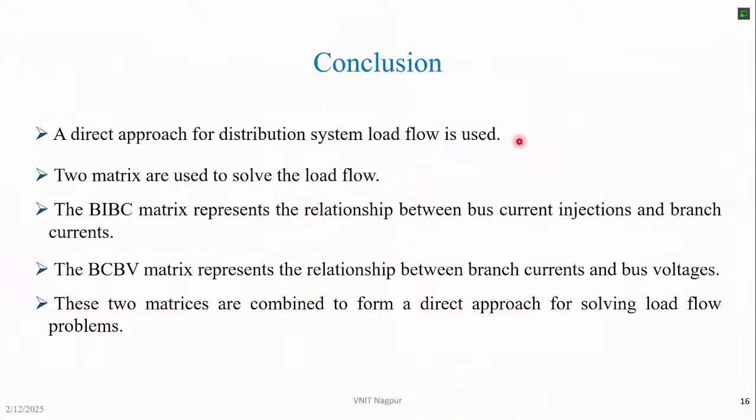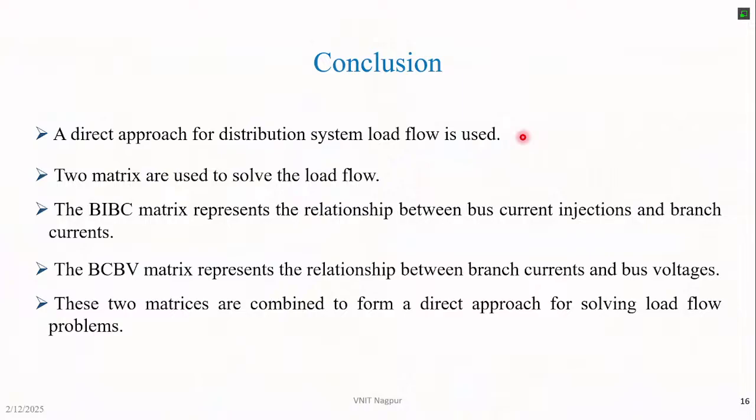For formulating or designing this tool, we can utilize two matrices. One is the BIBC matrix, the relation between bus current injection and branch current, B and I. The other is the BCBV matrix, the relation between branch current and bus voltage.